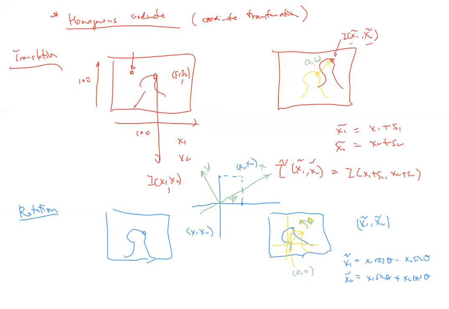Now in the new coordinate here, the point will be like this, and this will be the x1 tilde here.